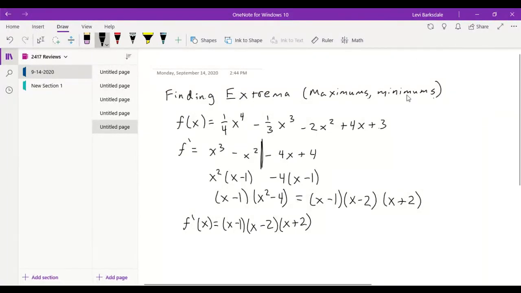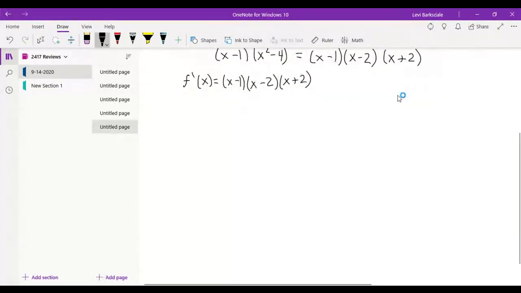So in order to find maximums and minimums, we're looking for where that horizontal tangent is 0, or in other words, our first derivative is equal to 0. And since I went ahead and factored this, it's really easy to tell that our first derivative is equal to 0 at x equal to negative 2, positive 1, and 2. So now we just need to look at where the derivative changes signs and how the signs change.